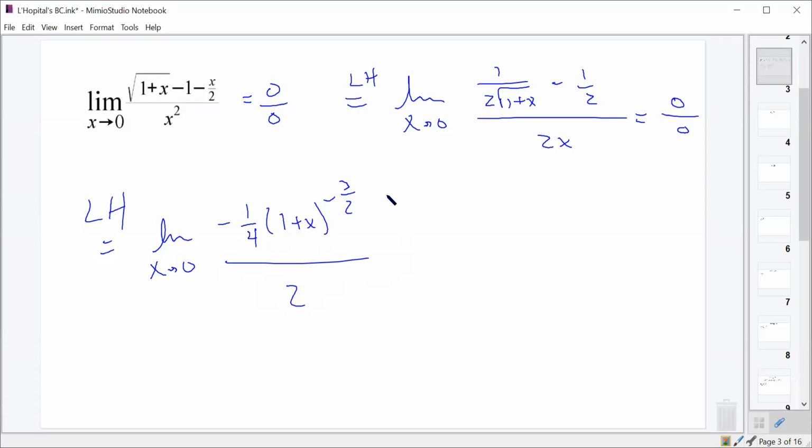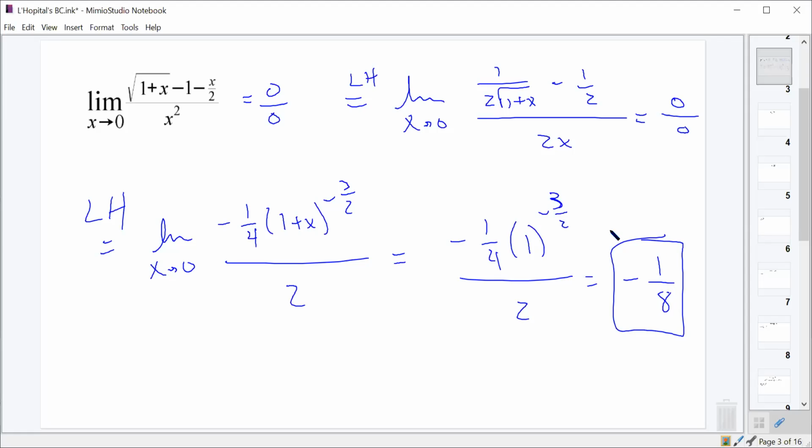Everybody good with that or no? Yeah, it looks good. And that gives us negative 1/4 times 1 to the negative 3/2 all over 2, which is negative 1 over 8. Good or no? So we can apply the rule multiple times. If we still got 0 over 0, we could just apply it a third time if we needed to.